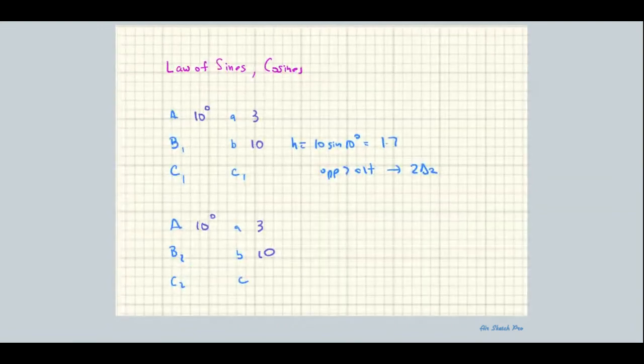Okay, for B1, guys, we'll use the calculators to find B1. I know I'm going a few minutes late, I'm so sorry about that, but I need 3 sine B1 equals the altitude, that 1.7. 10 sine 10.